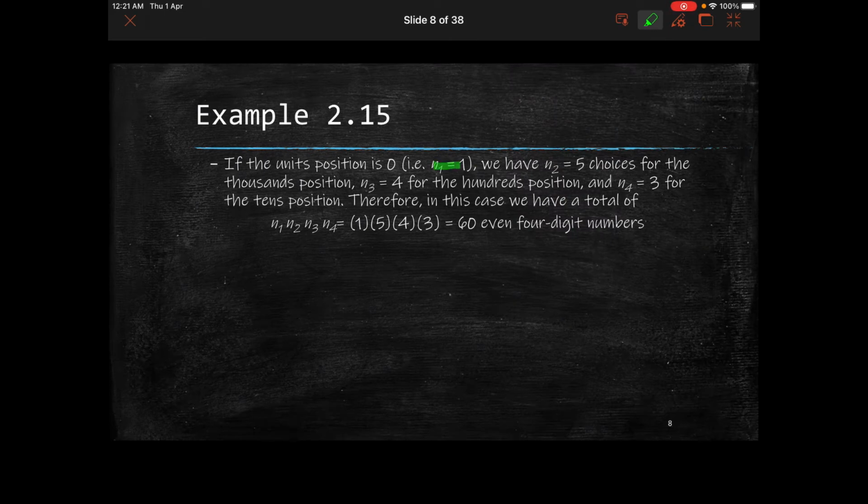And then we have n2 equals 5 for the thousand position, n3 equals 4 for the hundred position, and n4 equals 3 for the tens position. Therefore, in this case, we have a total of 60 even 4-digit numbers.